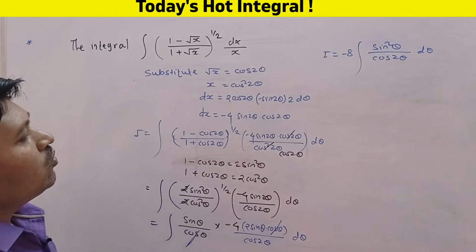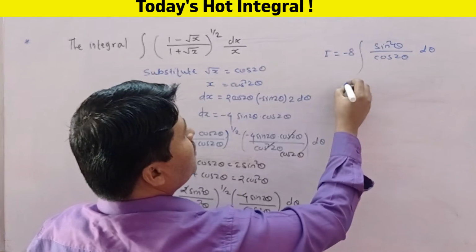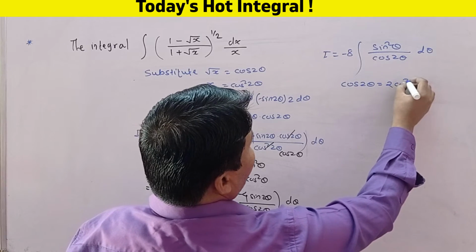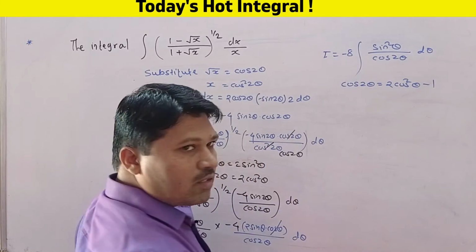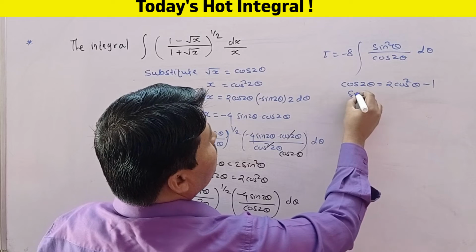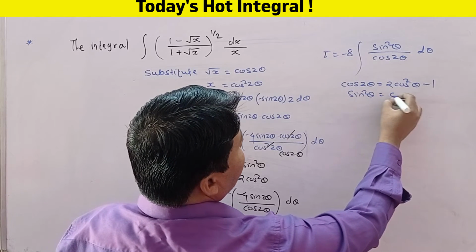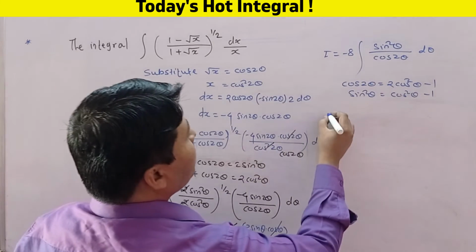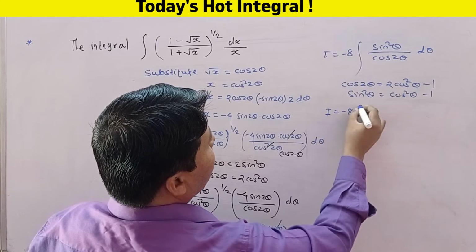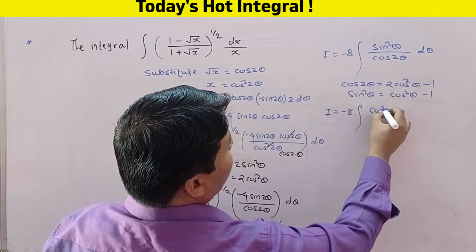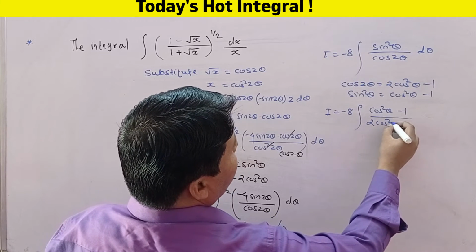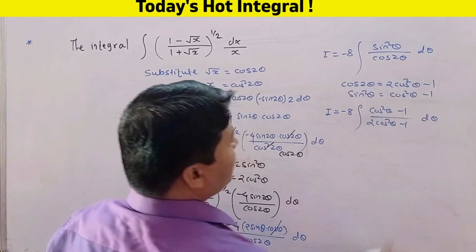Now we know the related formulas for these two terms: cos 2 theta is equal to 2 cos square theta minus 1, and sine square theta is equal to 1 minus cos square theta. So the integration becomes minus 8 integration of (cos square theta minus 1) divided by (2 cos square theta minus 1) d theta.